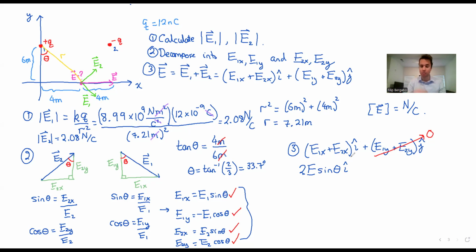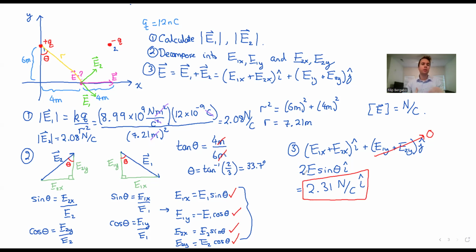Adding them together is the same as multiplying by 2. So now if you plug in all the numbers, so you take 2 multiplied by 2.08 newtons per coulomb and then do sine of 33.7 degrees, what you'll find here is the final result is 2.31 newtons per coulomb i hat. So that's our final result, calculating the electric field at that one point.